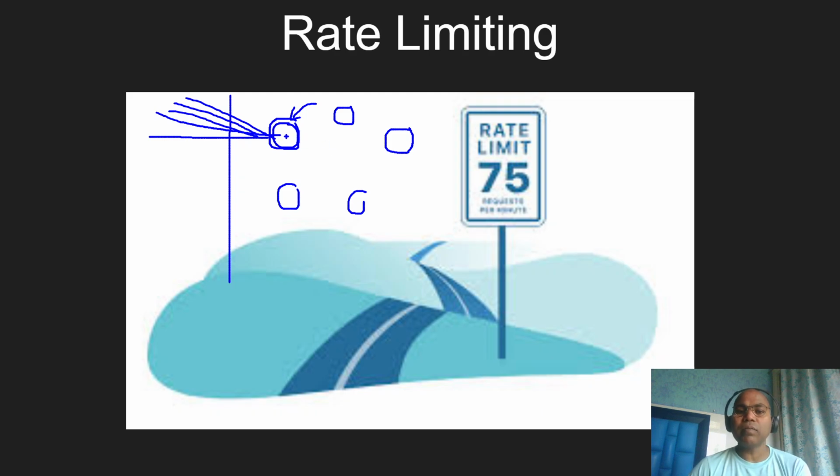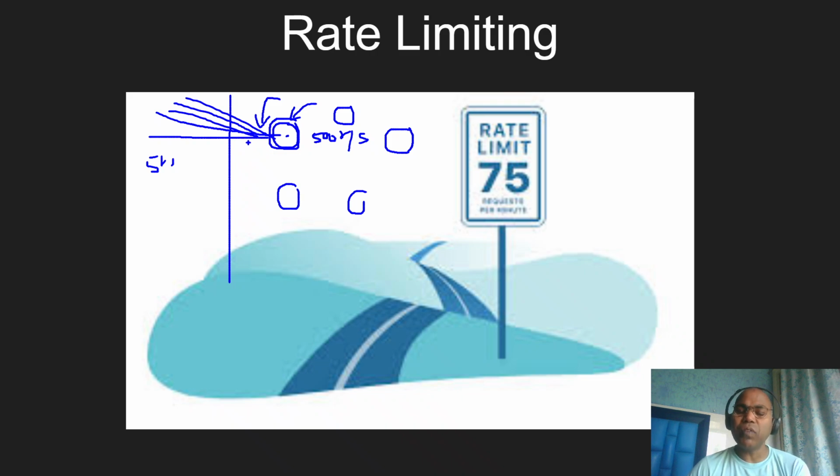Maybe this microservice can handle 500 requests per second. What happens if 5 billion requests per second come? Surely our system is going to crash.